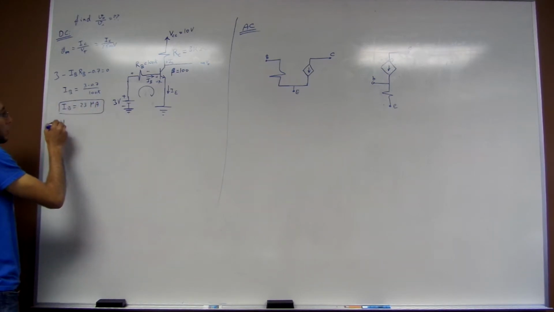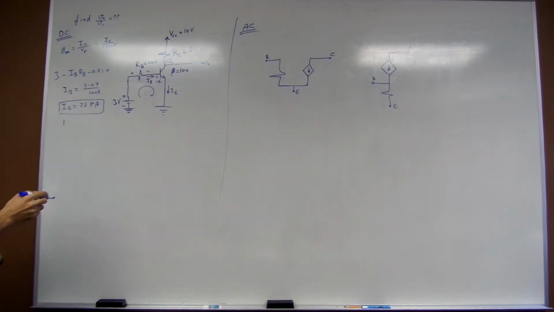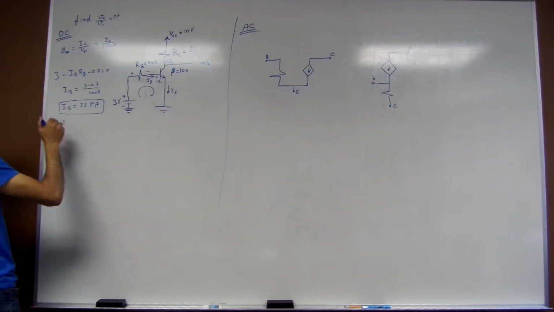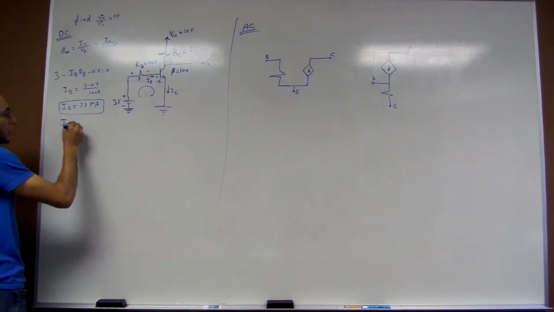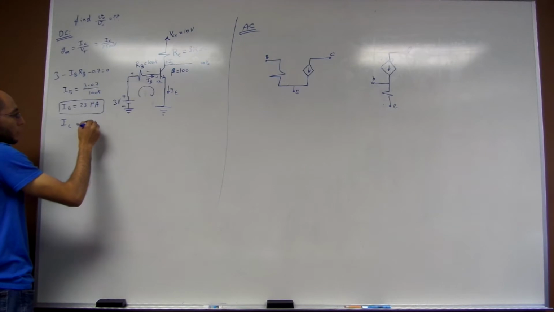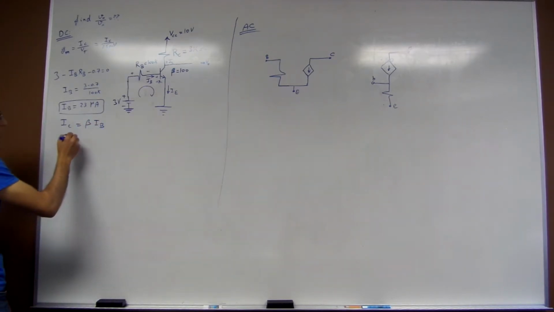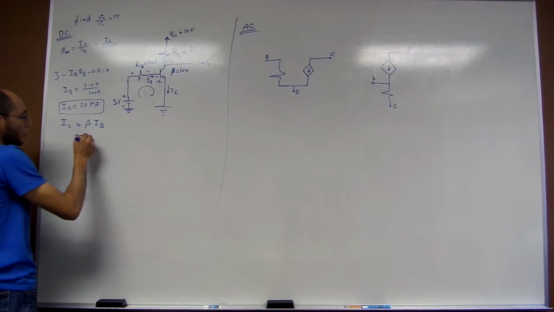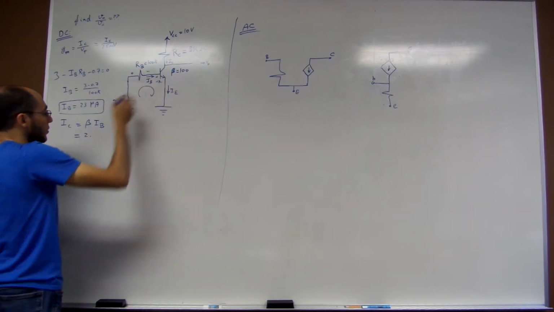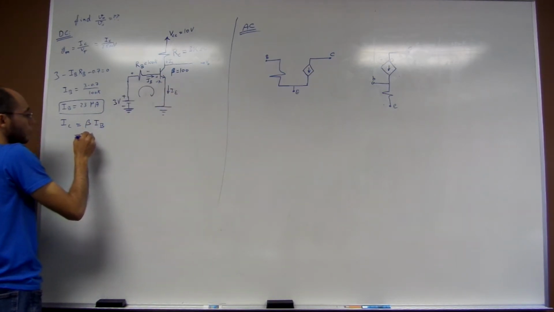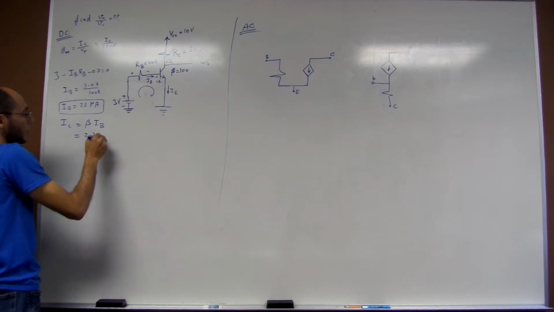So in that case, what is the value of IC? IC is known to be equal to beta multiplied by IB, and beta is 100, so 2.3 milliampere.